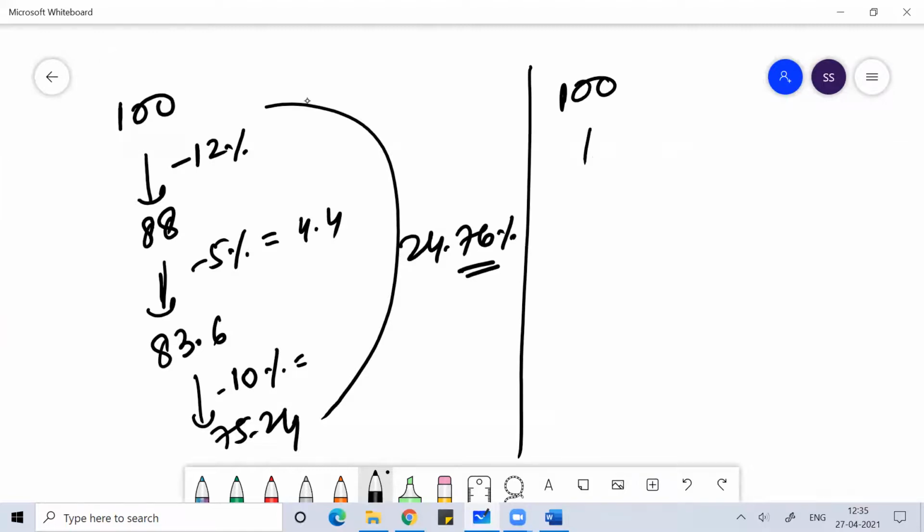So 100 minus 10, if I do, I'll get 90. Then 90 minus 5 is 85.5.